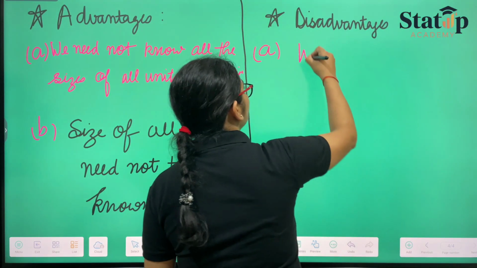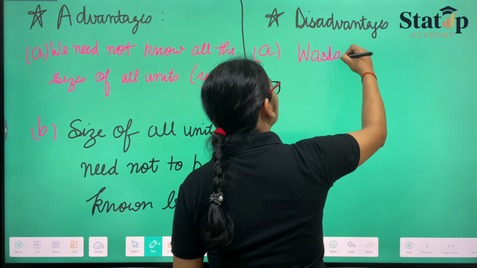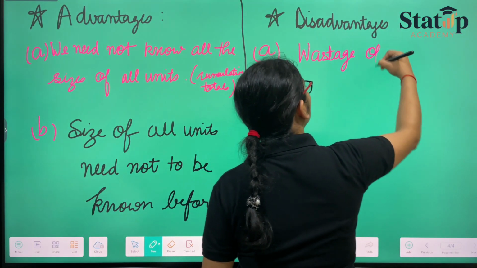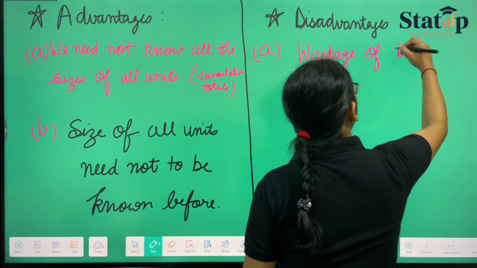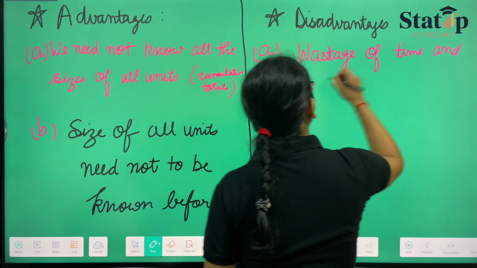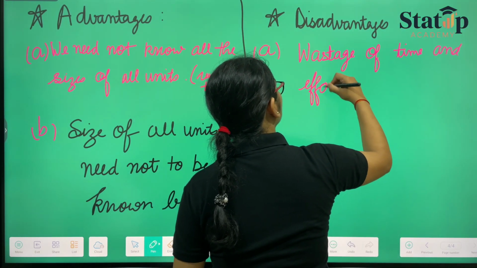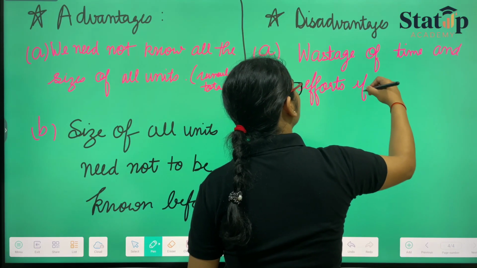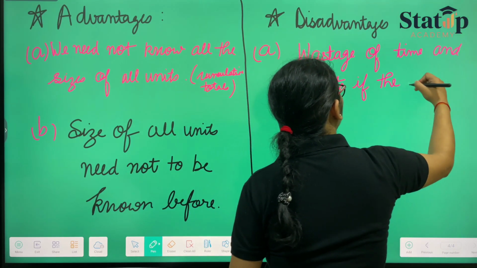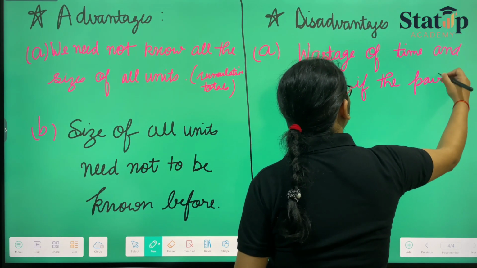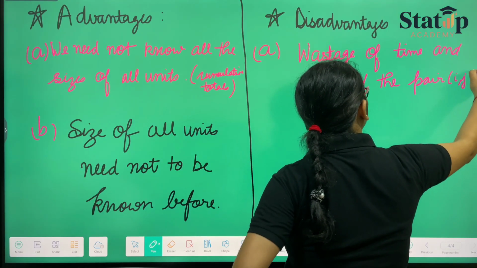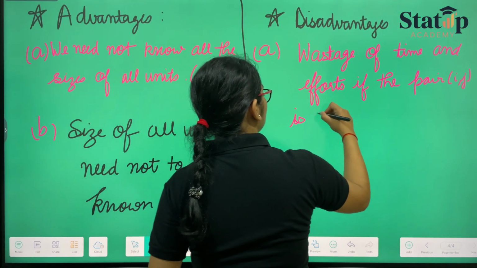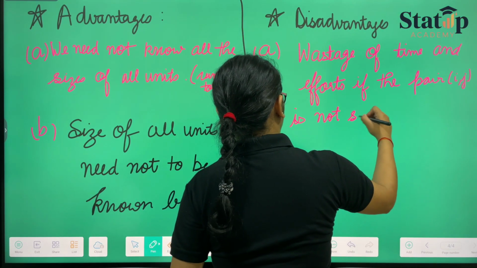So there is wastage of time and efforts if the pair, which is i comma j, is not selected.